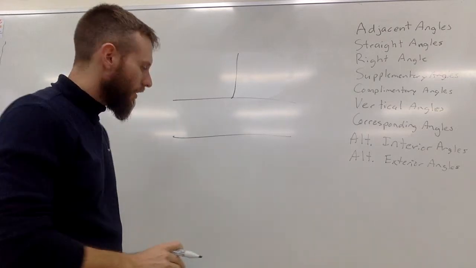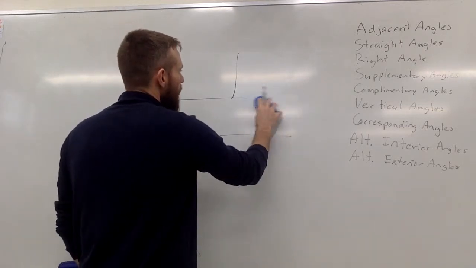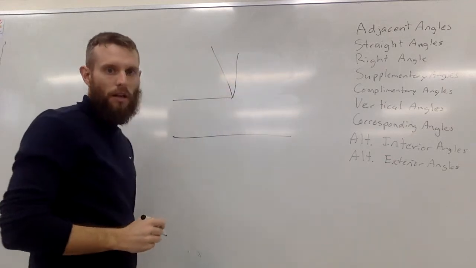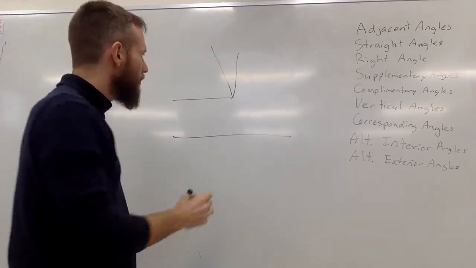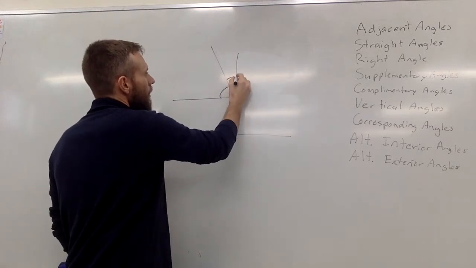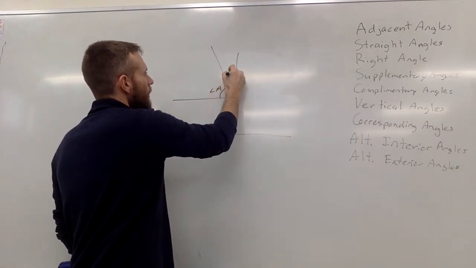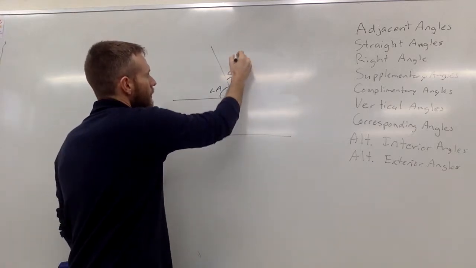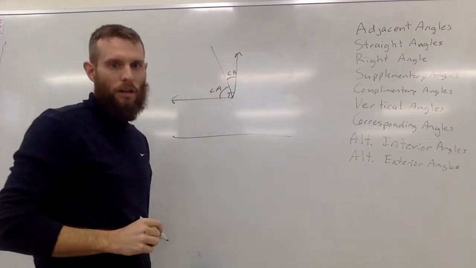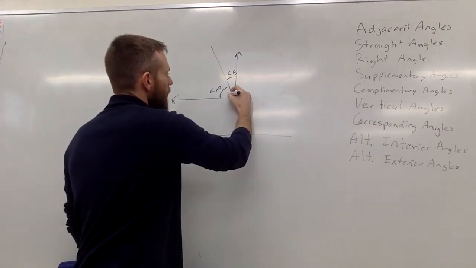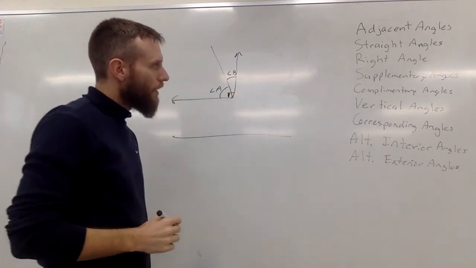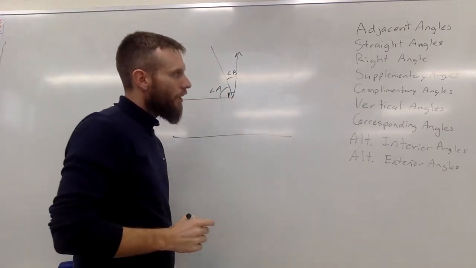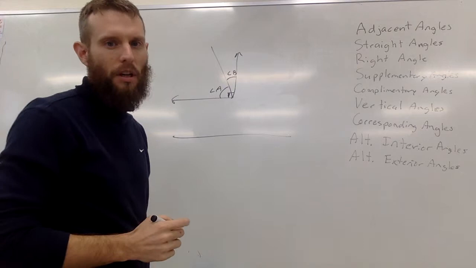Then we take these two ideas. For example, let's say you have a 90 degree angle, and then you have another line going through those. So you have one angle here and one angle here. We'll call this angle A and angle B. Well, if we know that these two lines form a 90 degree angle, then angle A and angle B are complementary angles.